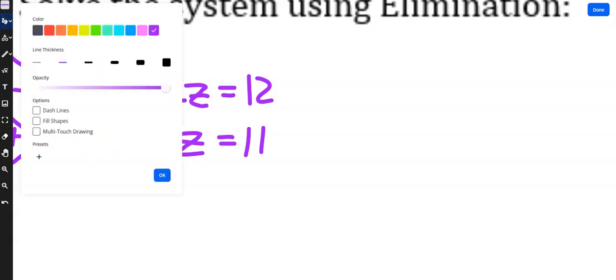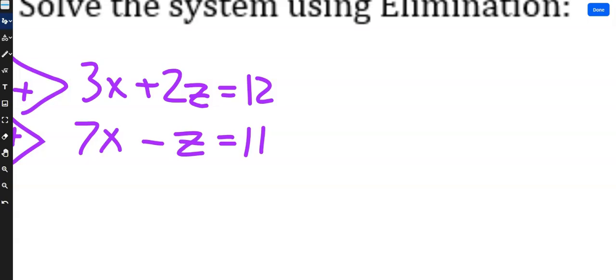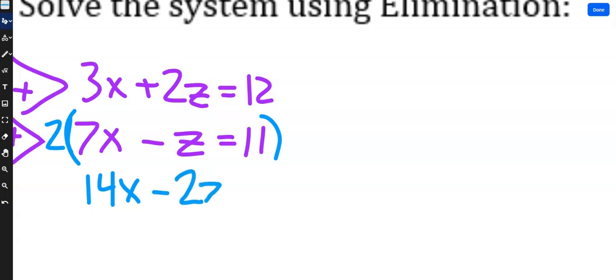Now I'm to this point. So we want to keep this strategy going. I think it looks like the z's would be a good one to eliminate. So I'm going to multiply this equation by 2. Here, I'm just going to write this below. 14x minus 2z equals 22.